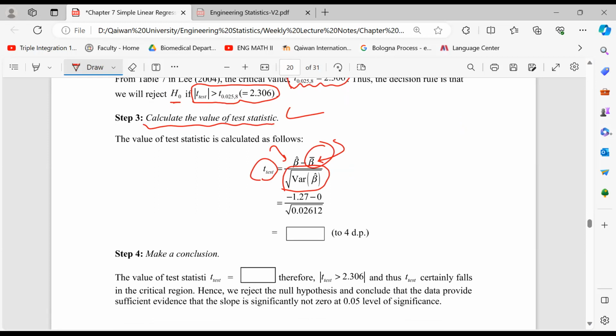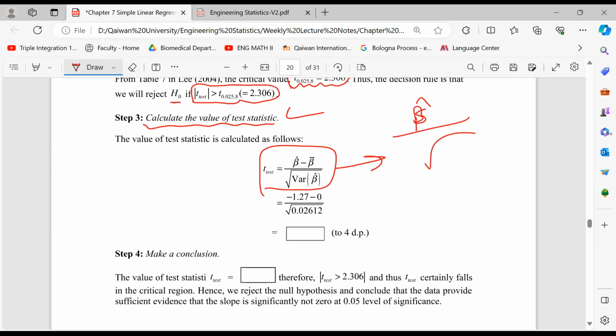It's always 0. Always use this rule, not the other forms. Don't use the other one. Always use this one.